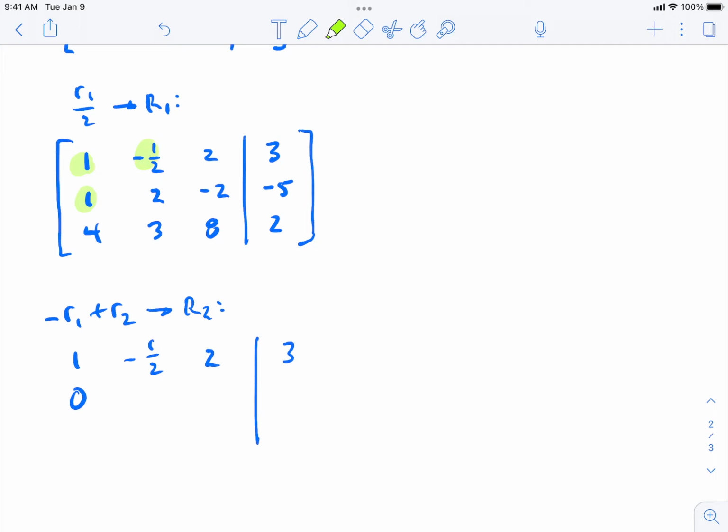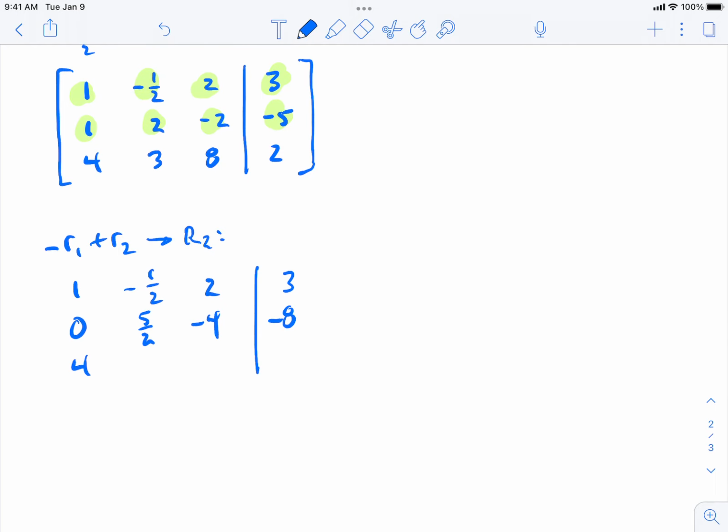Negative 1 times this plus this gives me a 2.5, which is the same as 5/2. Negative 1 times this plus this gives me a negative 4. Negative 1 times this plus this gives me a negative 8. That's my new row 2. Row 3, I did not change at the moment.